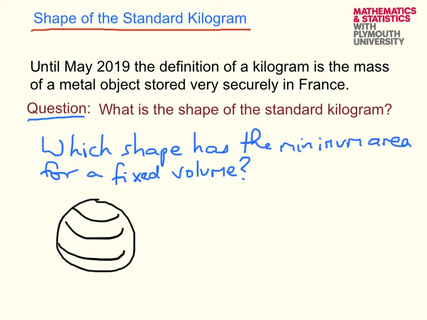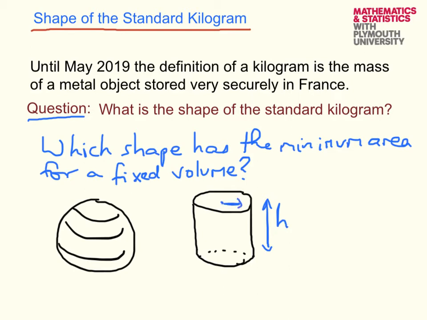So the shape people chose instead was not a sphere, but it was a cylinder. And by choosing a cylinder like this, which has got a particular height, so let me show the height here, and it has a particular radius here, we can fix the volume, and in this way we can make our object.